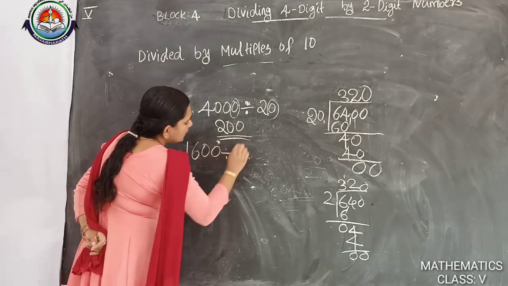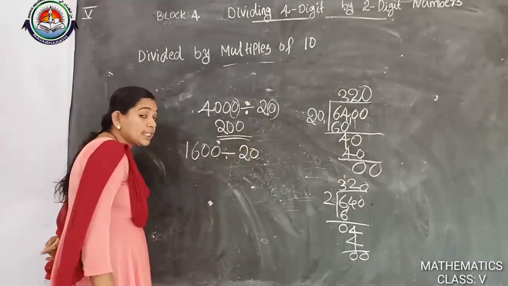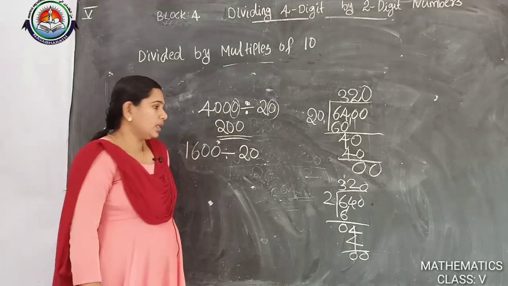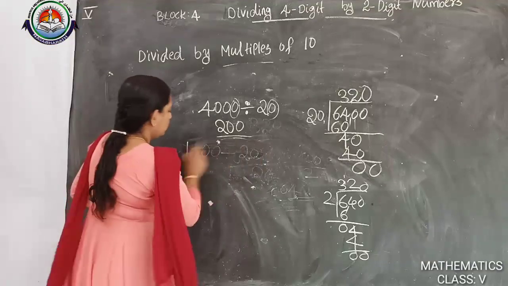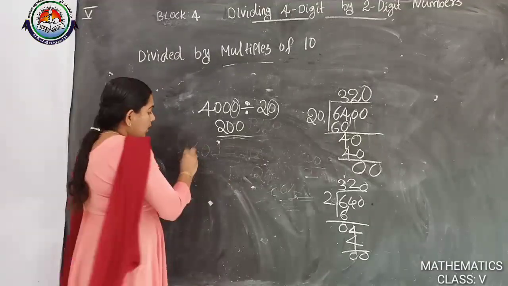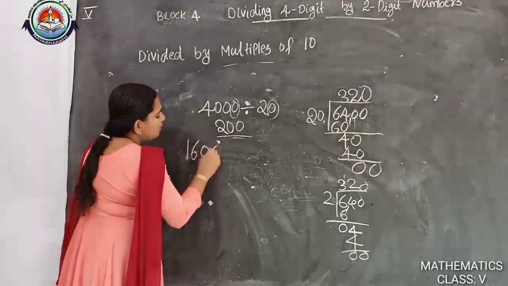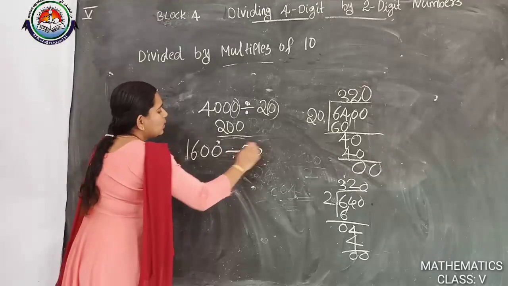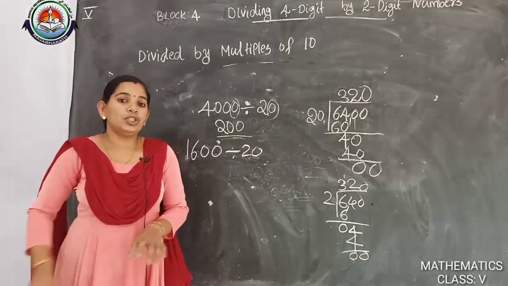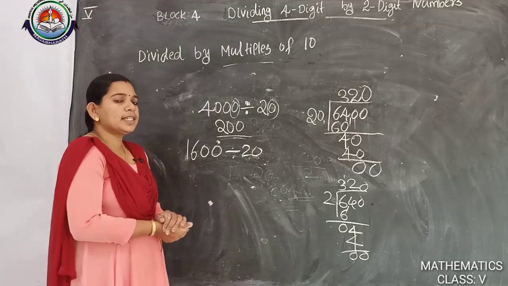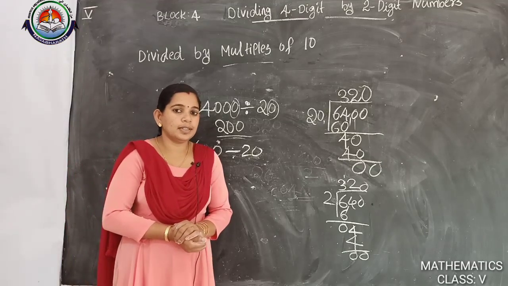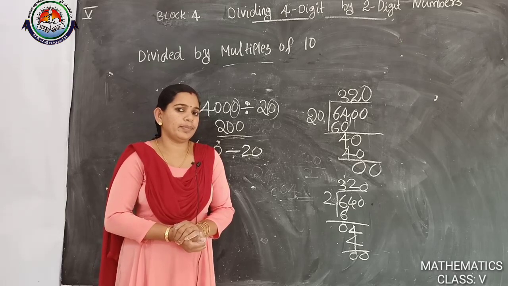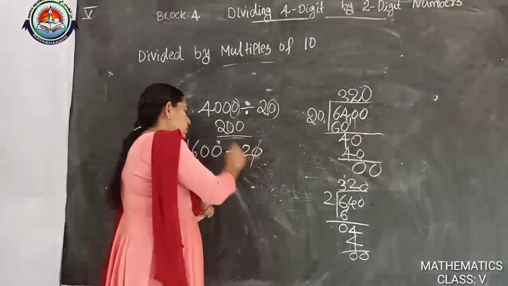16,000 divided by 20. Next question, 1,600 divided by 20. What is the answer? Do it mentally. Cut these zeros.